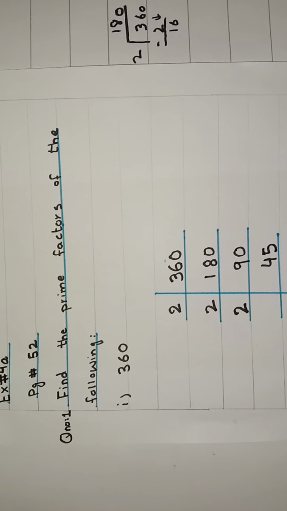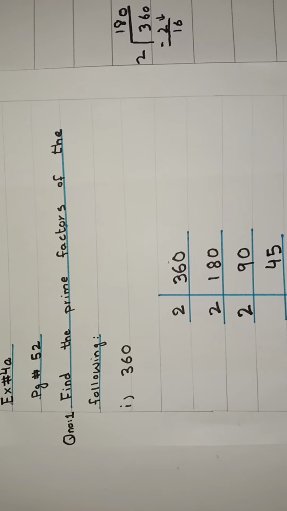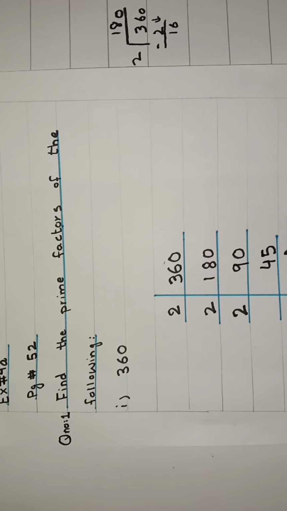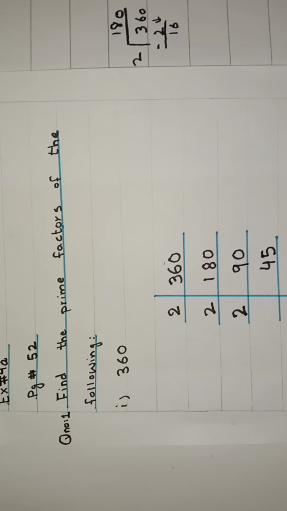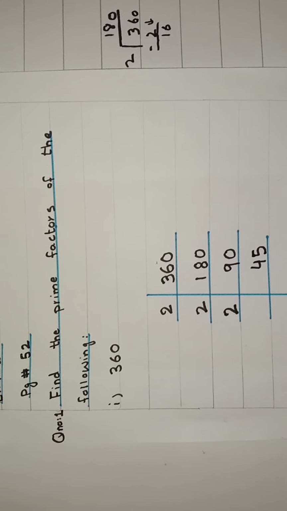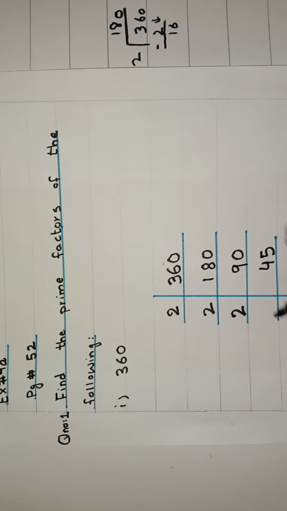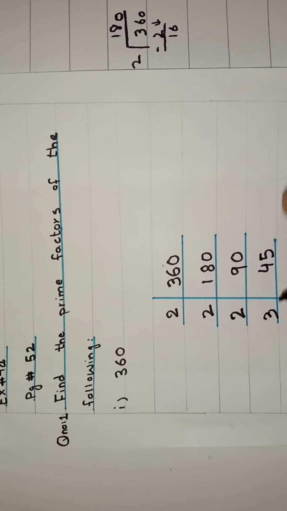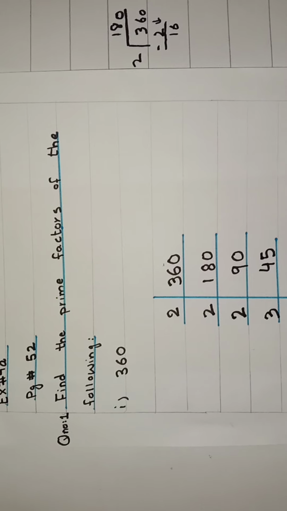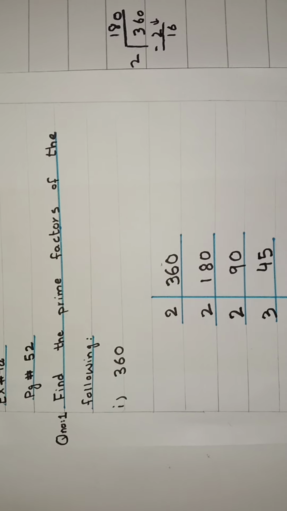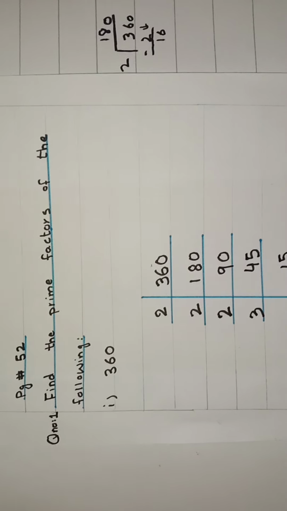Then we will check from 3. 4 plus 5 is 9. According to the test of divisibility, if the sum is divisible by 3, then the number is divisible by 3. So 3 ones are 3, 3 fives are 15. This is direct division. You can do long division as well.